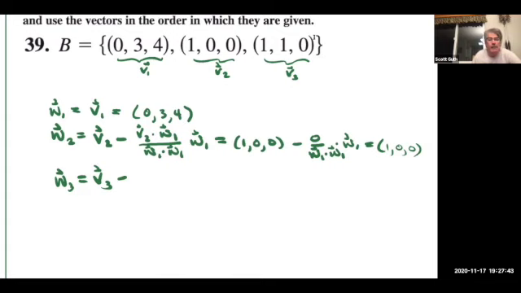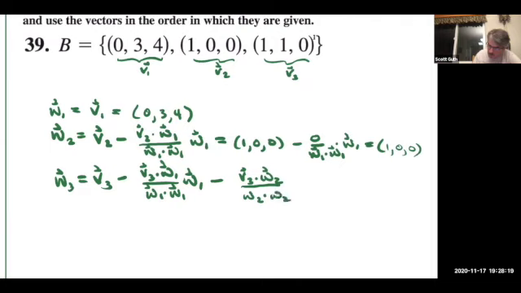That's going to look like the dot product of V3 with W1 over W1 dotted with W1, times W1. And then we have to subtract out the W2 component of V3. So we'll take V3 and dot it with W2. Same computation really, but with W2.